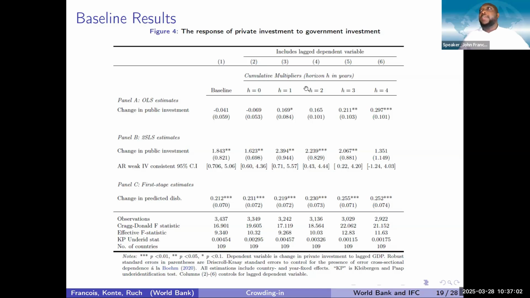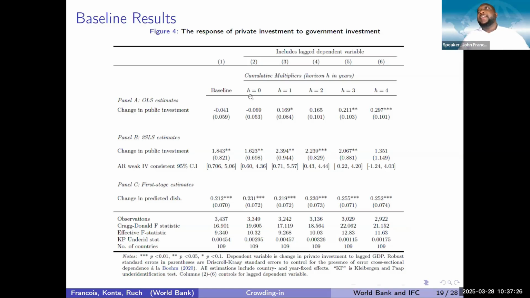At the top here, the baseline or H0 is what we call the contemporaneous or the impact multiplier at time T0. So when government increases its spending by X dollars in that same year, we would contemporaneously expect an increase in private investment.